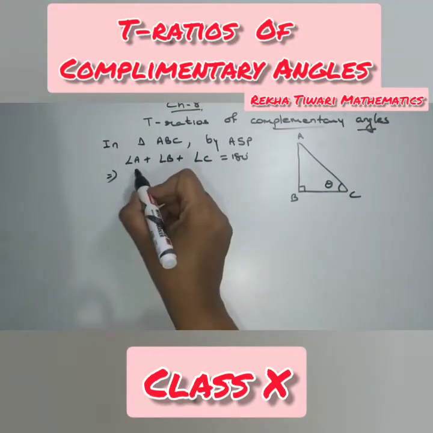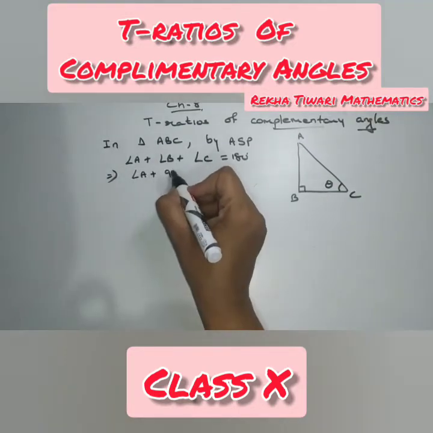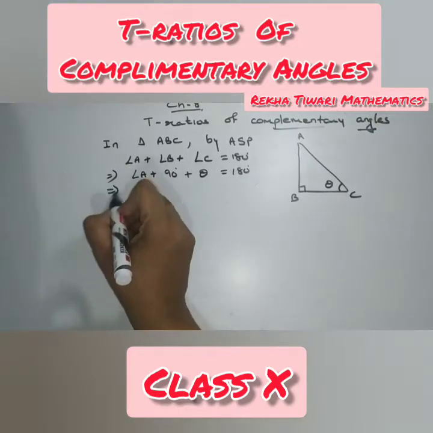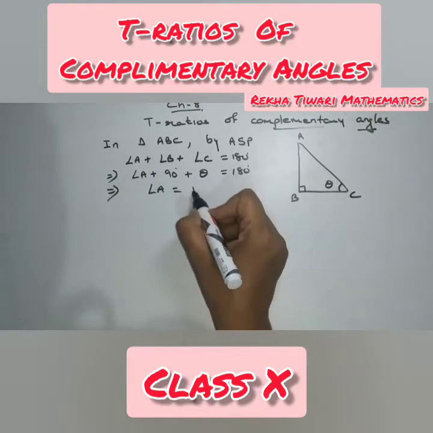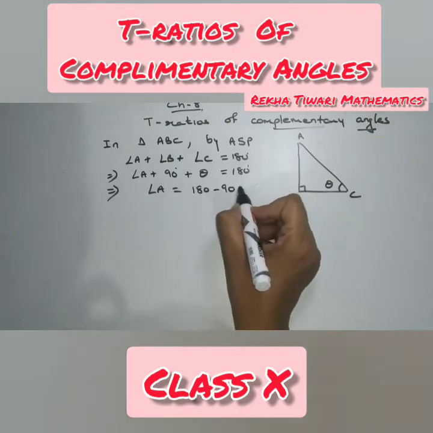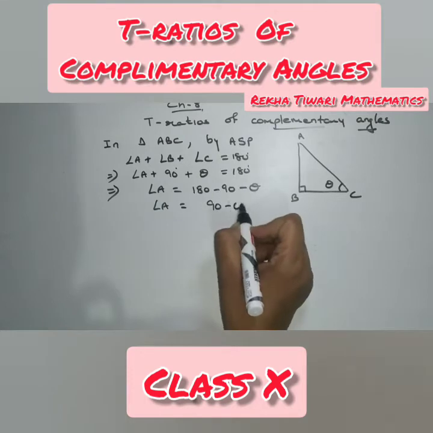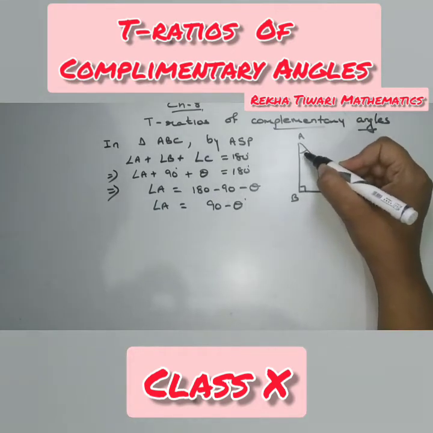This implies angle A plus 90 degrees plus theta is equal to 180. From here I will get angle A is equal to 180 minus 90 minus theta, which implies angle A is equal to 90 minus theta. So this angle is 90 minus theta.